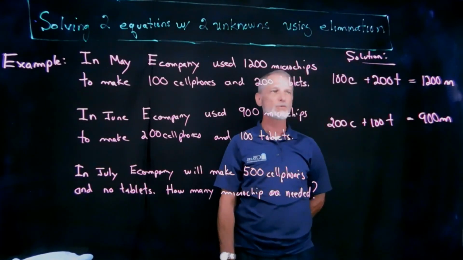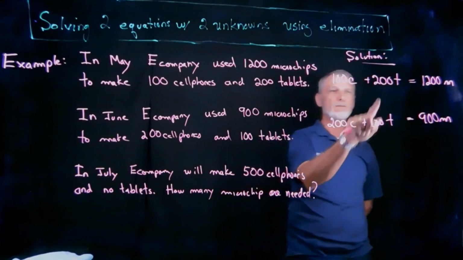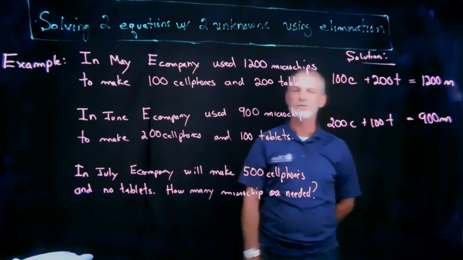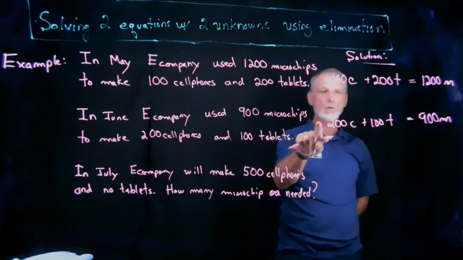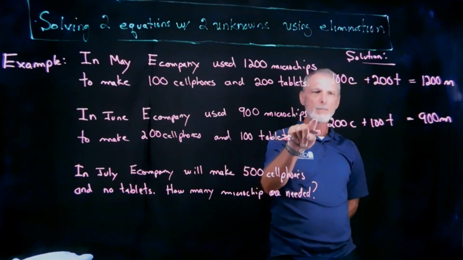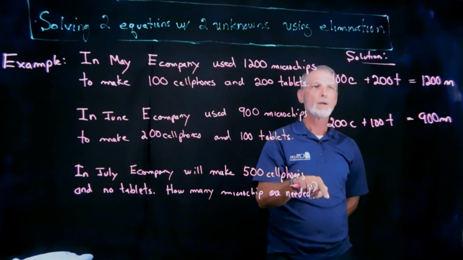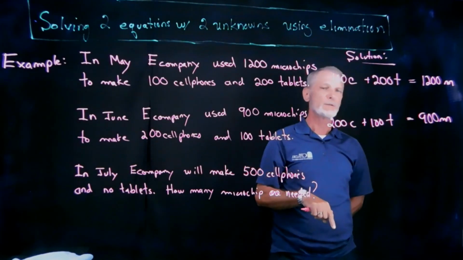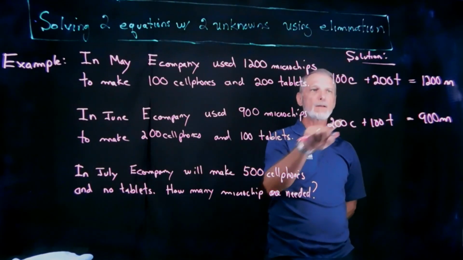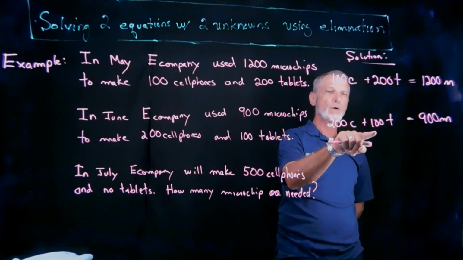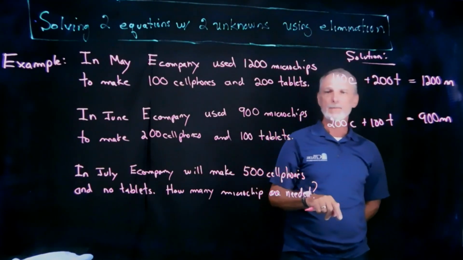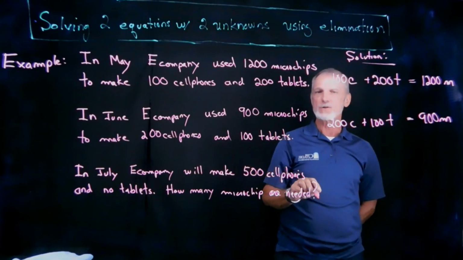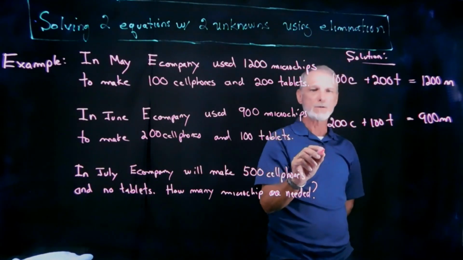So now we need a strategy that would eliminate the T's but keep the C's. One strategy might be to take the second equation here and multiply it by -2, and then add it to the top equation. And by doing that, I can see that I'll get a -200 here and a 200 there, and they'll cancel. So let's use that as a strategy and write this bottom equation now.